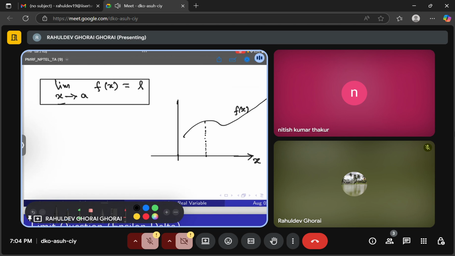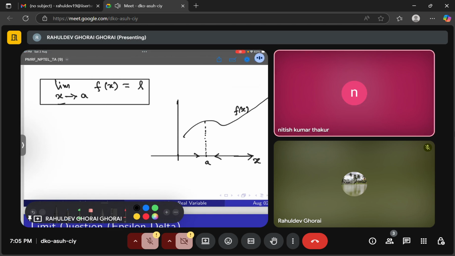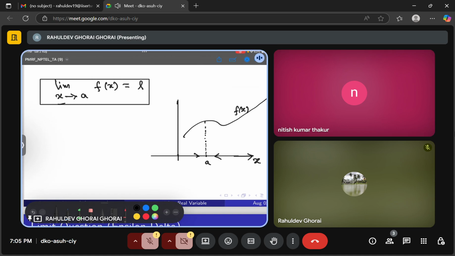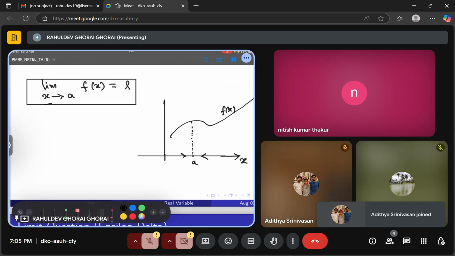This is x, then corresponding f(x) is this. And here is a point A. When x approaches A, it can approach from this side or from this side. So when x approaches A, f(x) should approach a number, in this case maybe this one, let's say L.